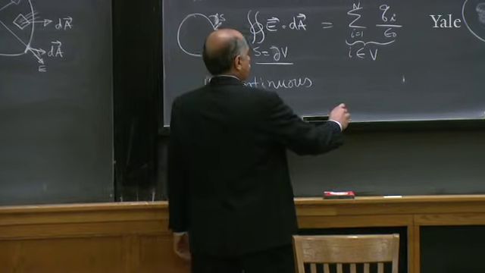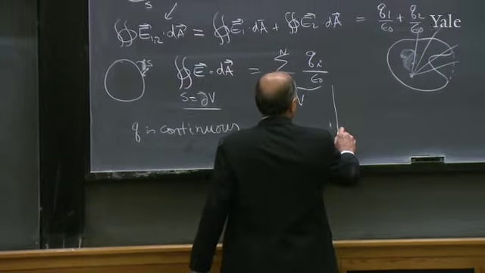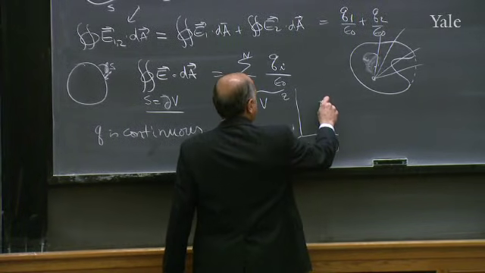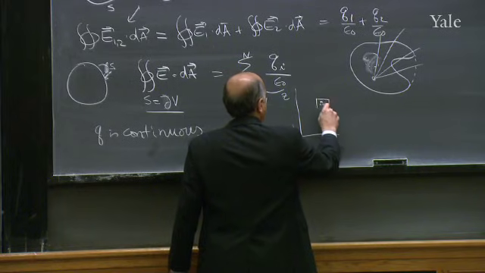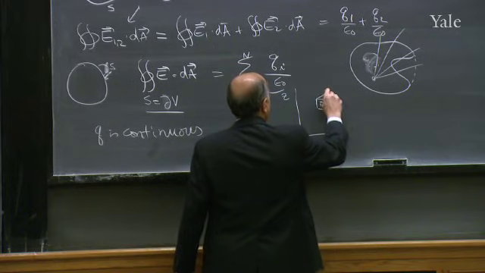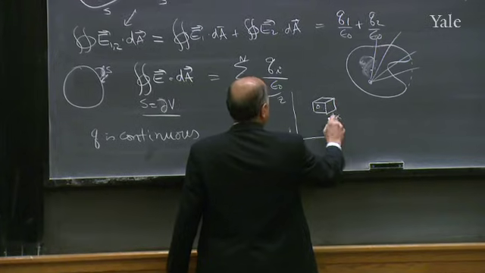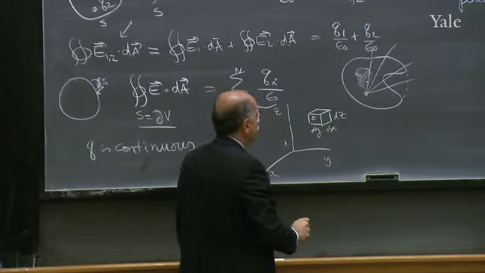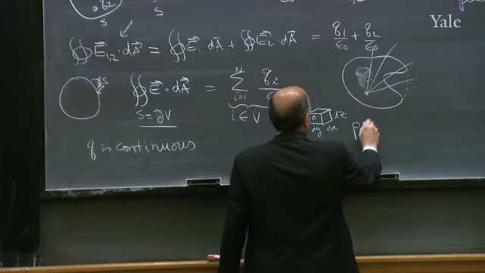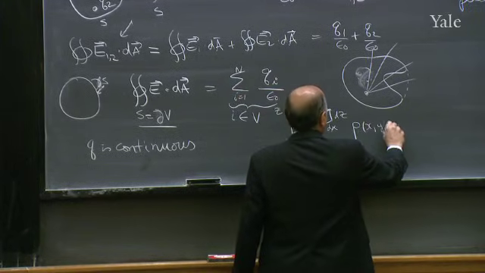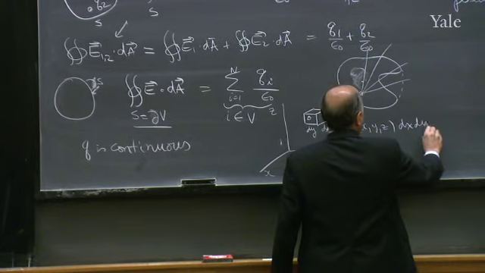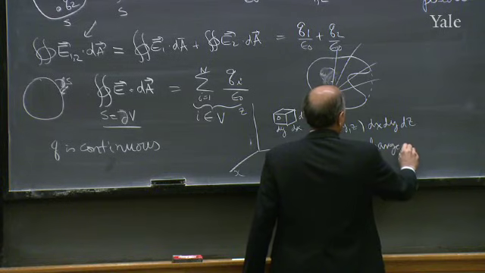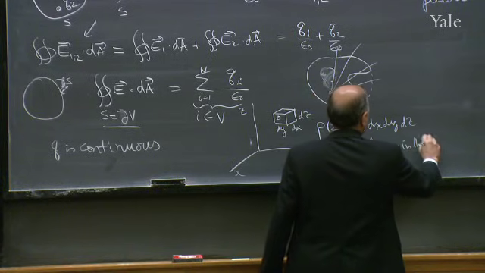For a continuous distribution, what you have to tell me is the following. This is space, x, y, and z. Here's the point. I take a tiny cube whose sides are dx, dy, and dz. And rho of x, y, and z times dx, dy, dz is equal to the charge in that little cube.